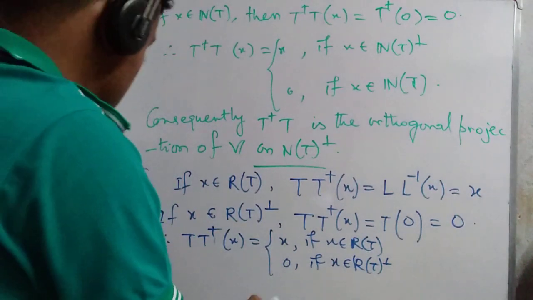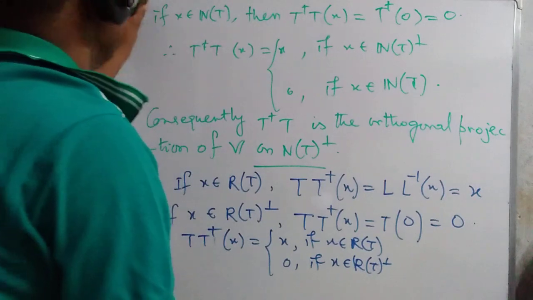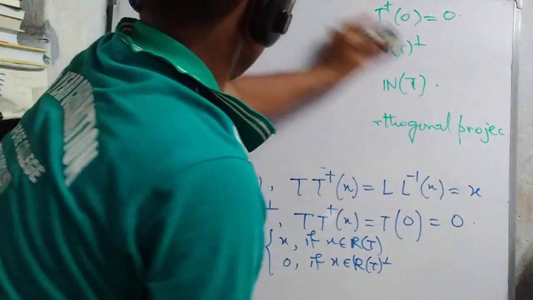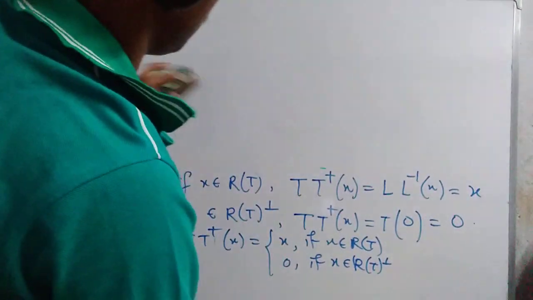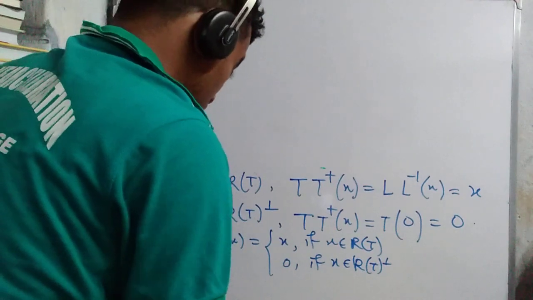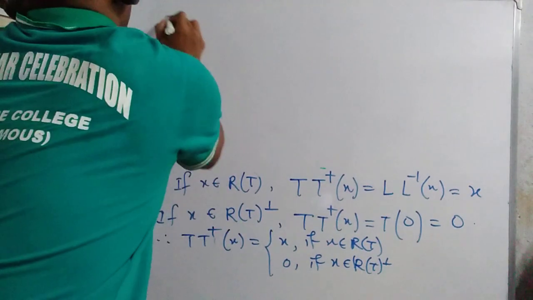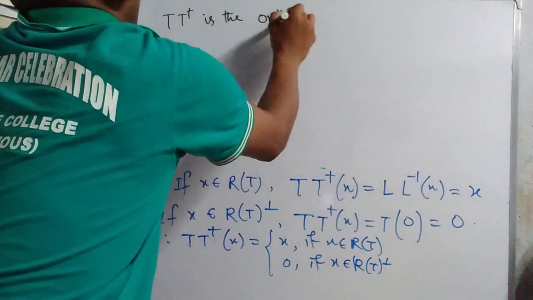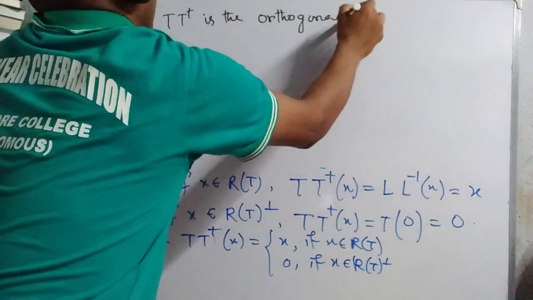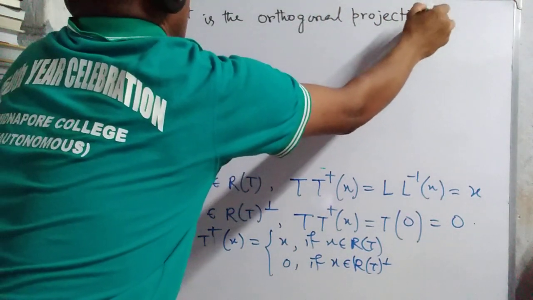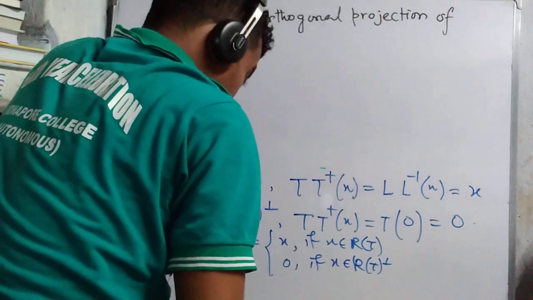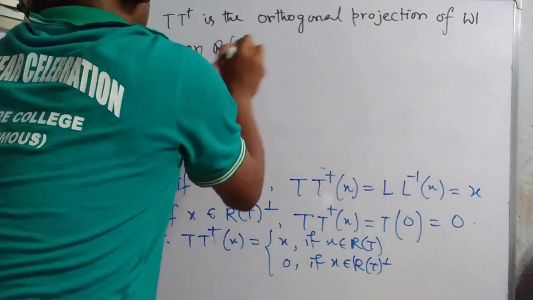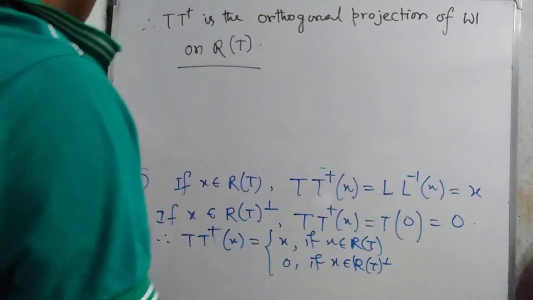We write in this way that T† is the orthogonal projection of W on R(T). Understood? Not a problem at all.